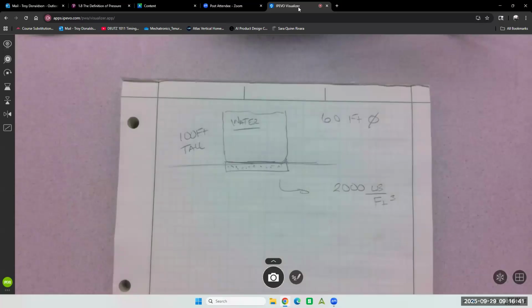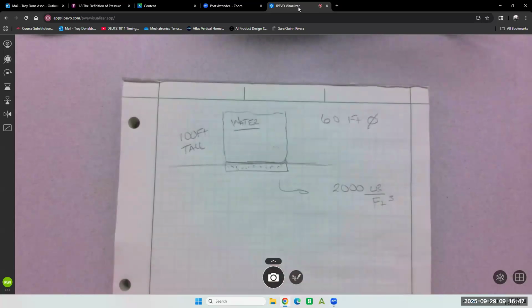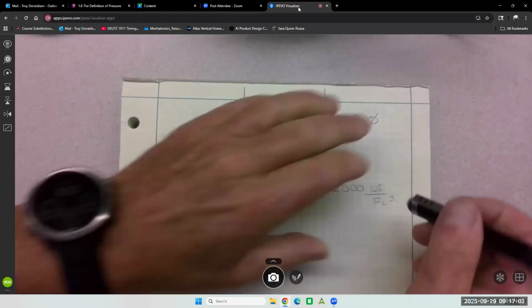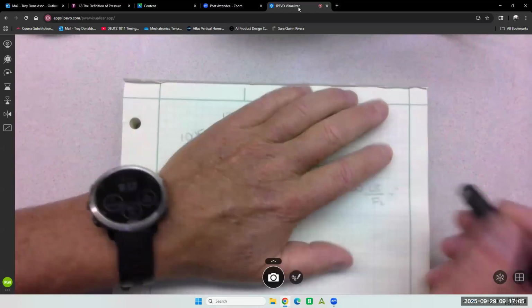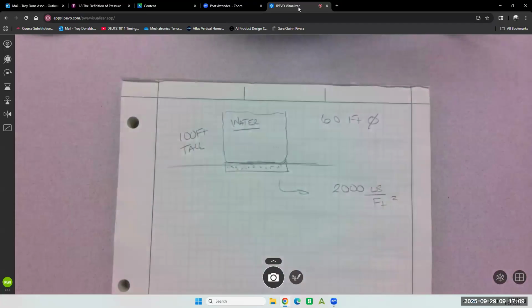And our pressures are fine. So we're going to make the concrete the same size as the tank for now. We'll see how that works. So what you have to calculate is how much pressure is coming down on the soil, and is 2,000 pounds per foot cubed, sorry, per foot squared, is that enough?